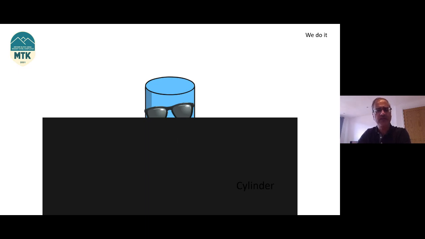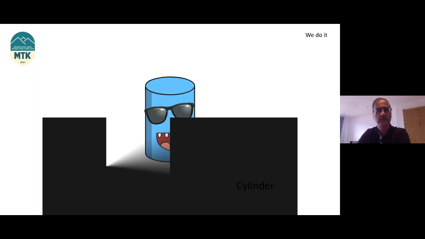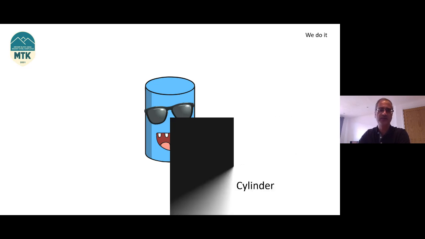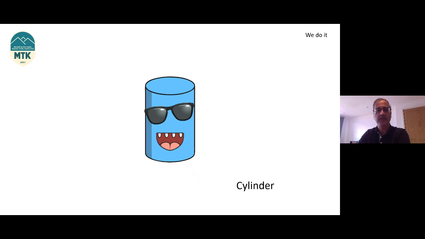Interesting. Let's find out more. What do you think it is? Correct. It is a cylinder. Well done. It has a rectangular face, and it's got 2 circular faces as well on the top and at the bottom. That is our cylinder.